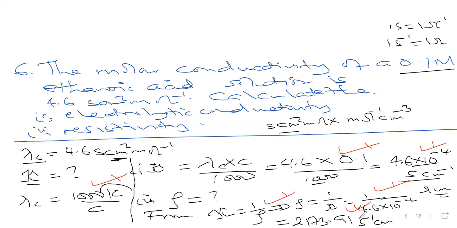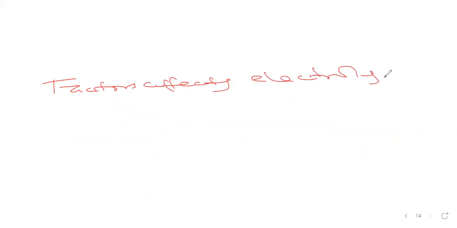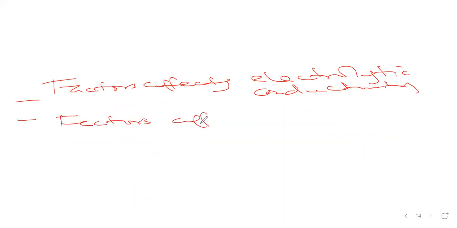In our next lesson, we shall be seeing factors affecting electrolytic conductivity. Then we shall also look at factors affecting molar conductivity, and then we shall explain them in detail.